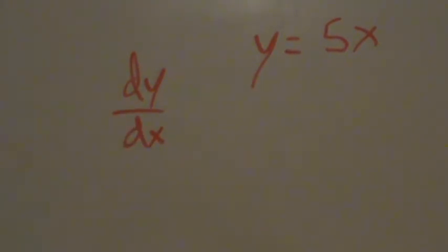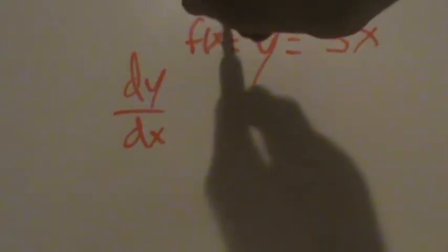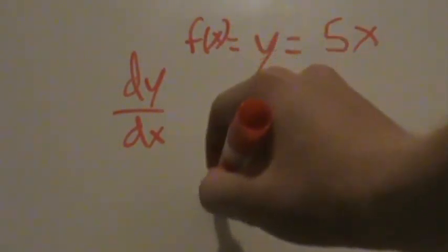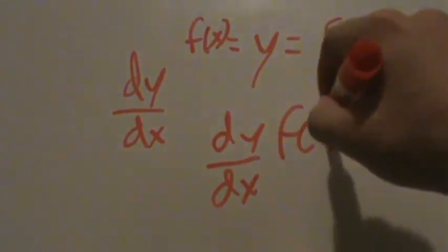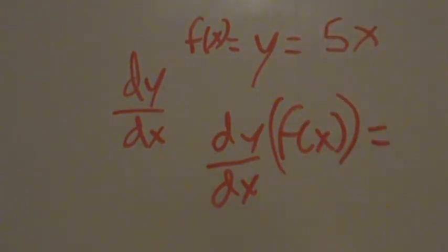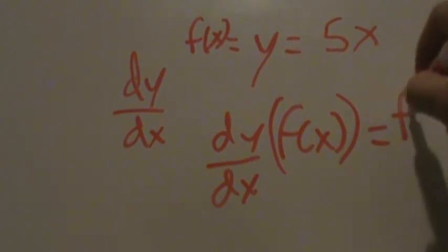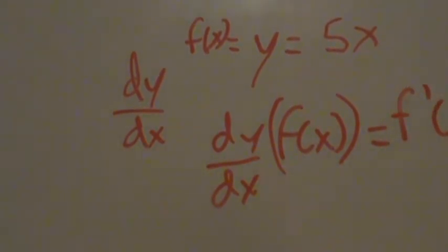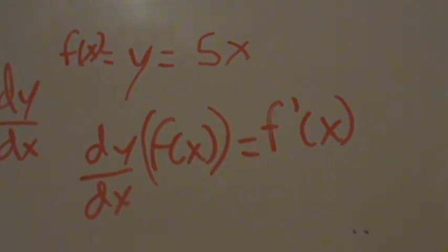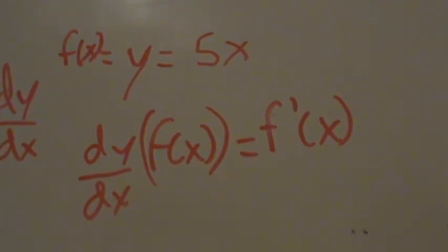Let's say y was equal to f of x. If I did dy dx of f of x, this would equal f prime of x. This is our first way of representing what a derivative represents, and this would be the first derivative.